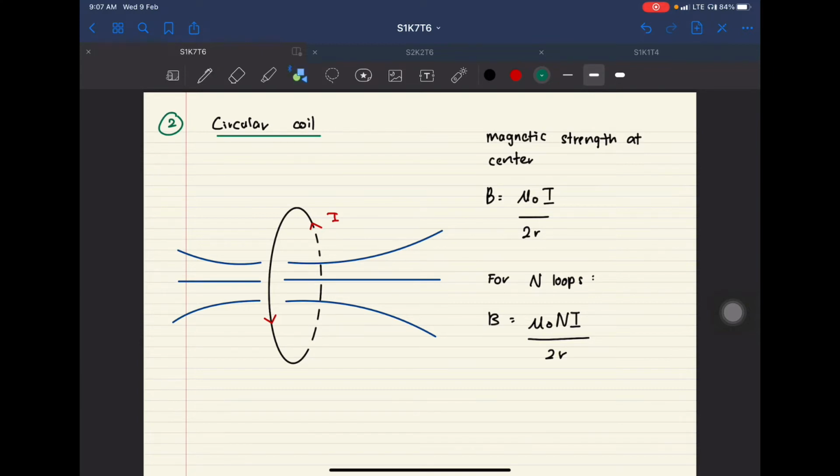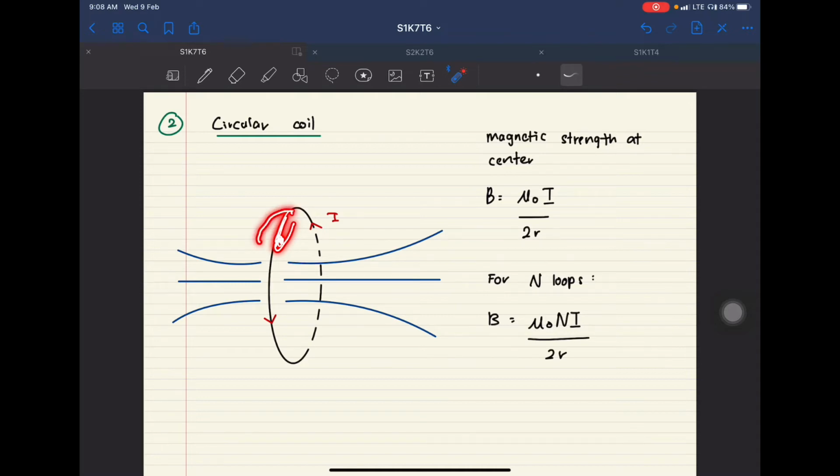Again, if you want to determine the direction of magnetic field, you have to use right hand rule. So in this case, maybe you can try to take a circle object. Normally I would use something like my cellophane tape, and then just put my thumb in this direction, right?